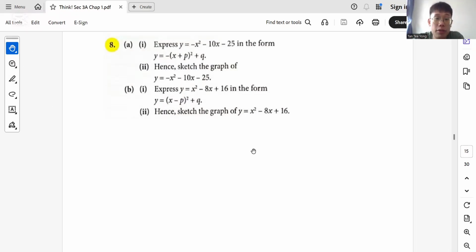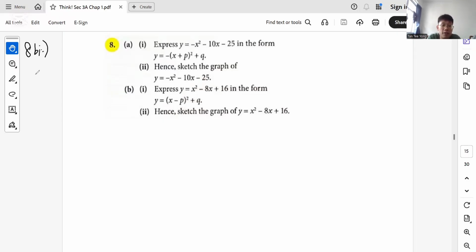Okay guys, let's go through question 8, maybe question 8b, because that's how I went through 7a. Sorry, 8b. Express this in the form of a completed square form and then sketch. Anyway, 8b part 1.